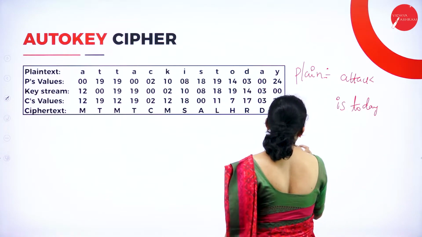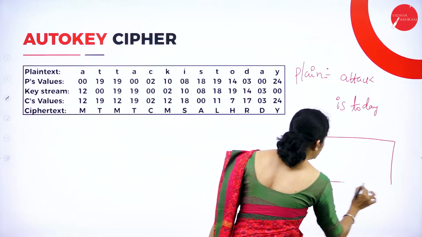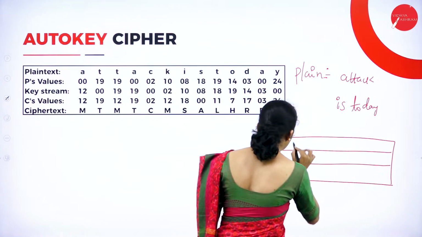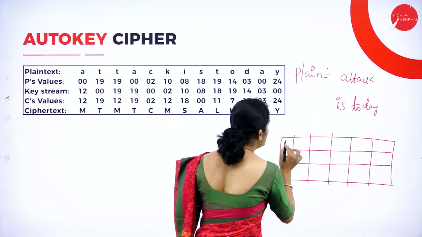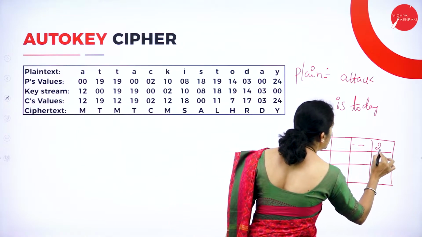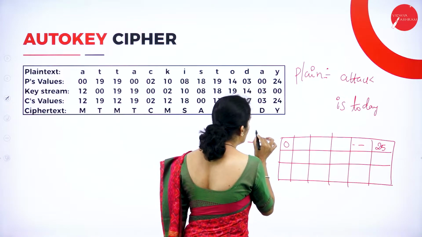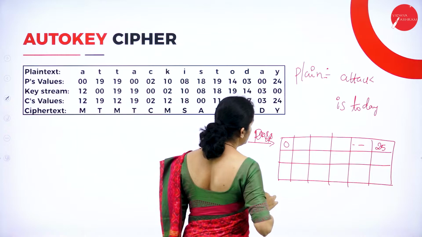For that, what I want to do, I want to draw the alphabet table. So I'm going to start from 0 and up to 25. So this is my character position.